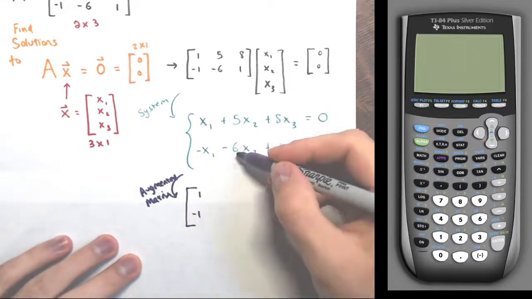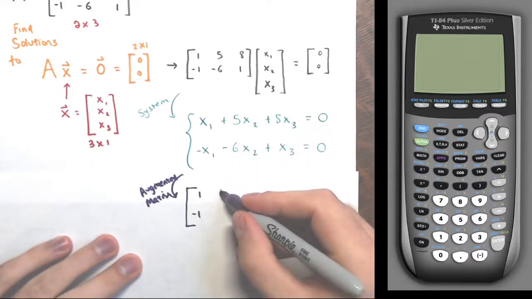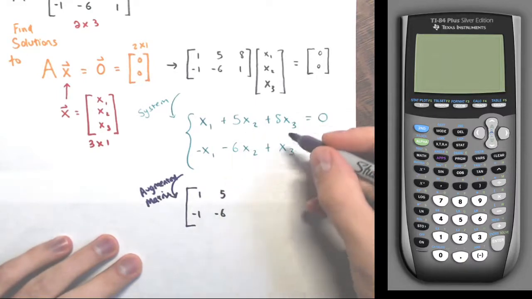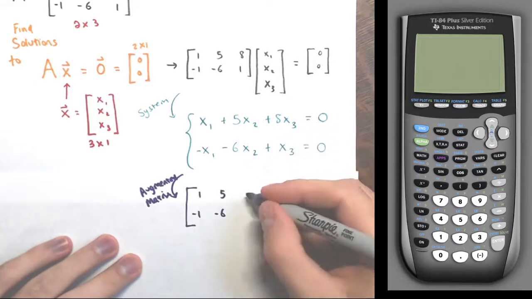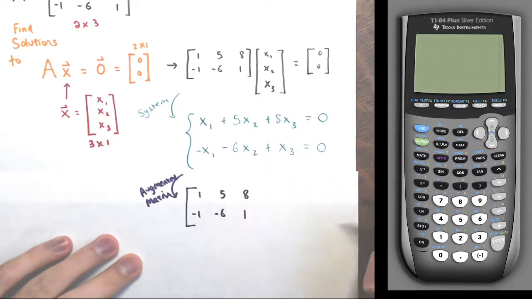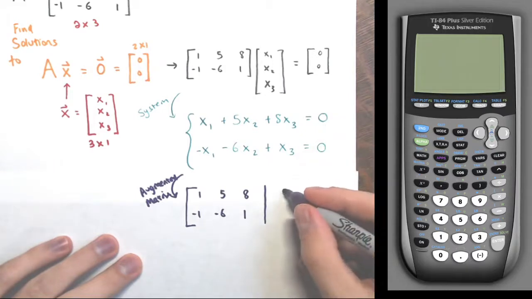Down the second column, the coefficients of x2, 5 and negative 6. Third column, coefficients of x3, 8 and 1, with a little bar where the equals sign goes. And then the other side, the constants, 0 and 0.